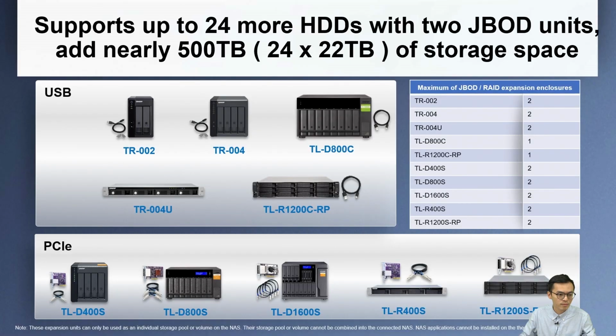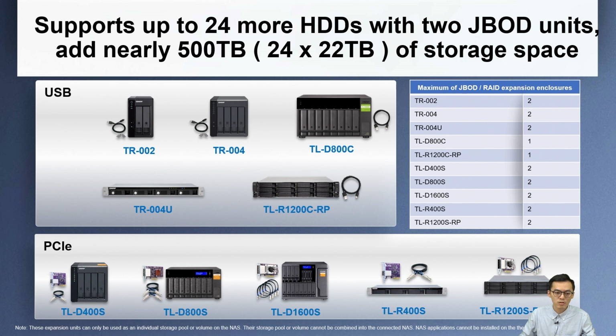Okay. It can also support up to 12 HDDs in 2 JBODs, so there are nearly 500 terabytes of additional storage space. A variety of JBODs are available for purchase, with 2-bay and 12-bay options for USB storage expansion.